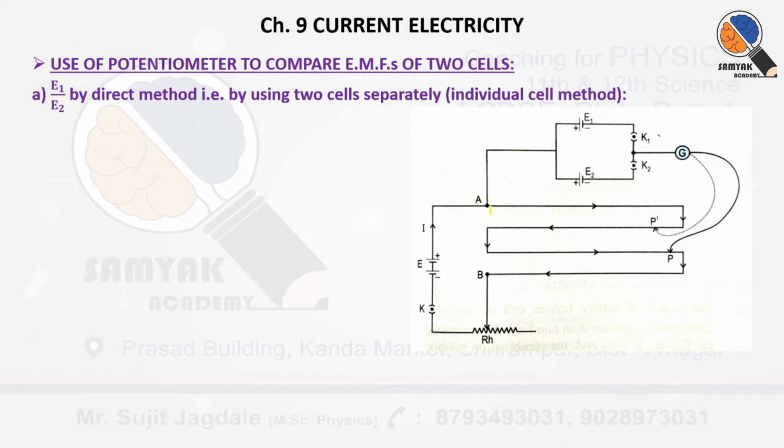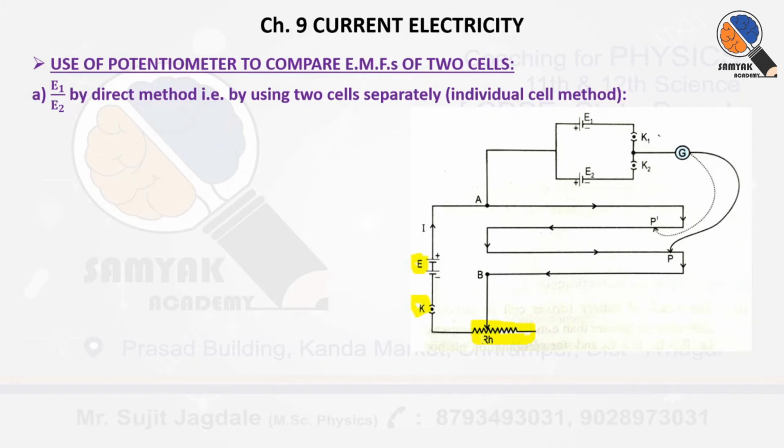Now here the A terminal of wire AB is connected to the positive of the cell through the key, and B terminal is connected to the negative terminal through the rheostat and key. Instead of rheostat you can also use the resistance box, no problem, because we have to consider the variable resistance. So we have to change the resistances.